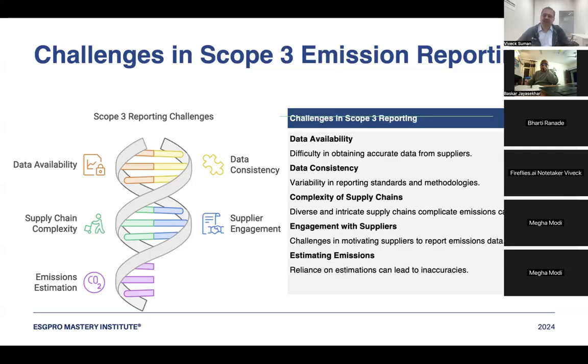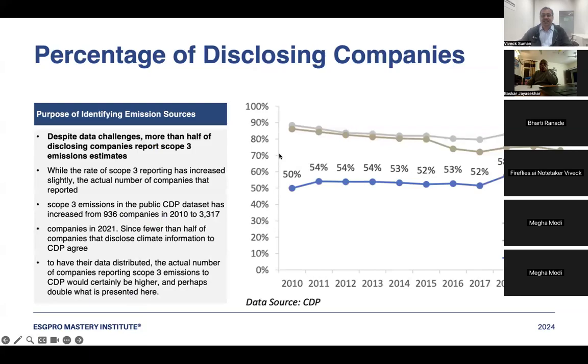And of course, emission estimation in the supply chain is equally challenging. This is one of the numbers which I have discussed several times throughout our GHG accounting session: how many companies in the last 10 years have reported scope 3 emissions. If I have checked it recently, the last 2 years' number is around 57%.